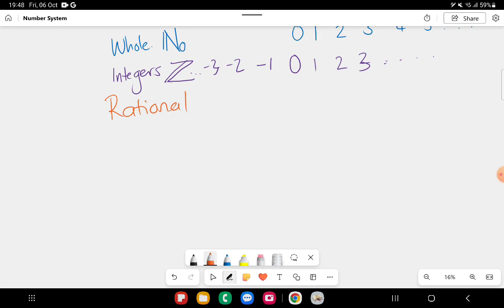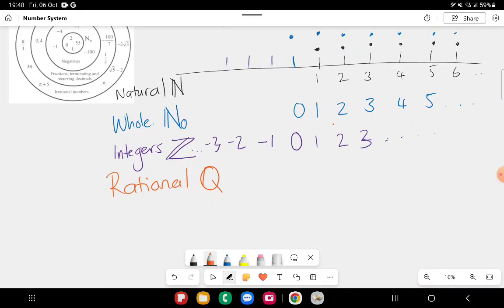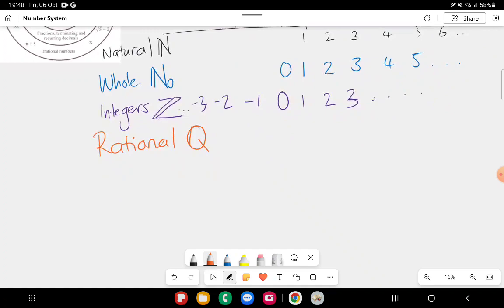Rational numbers have got the symbol Q. Rational numbers are numbers that are in between these whole numbers. So if you take between 1 and 2, you can get a number between 1 and 2, right? You could get 1.5, 1 3/4, 1.025. So there's a whole lot of different options in between.